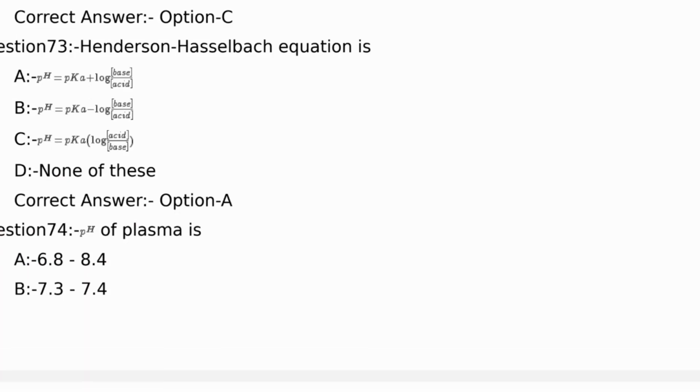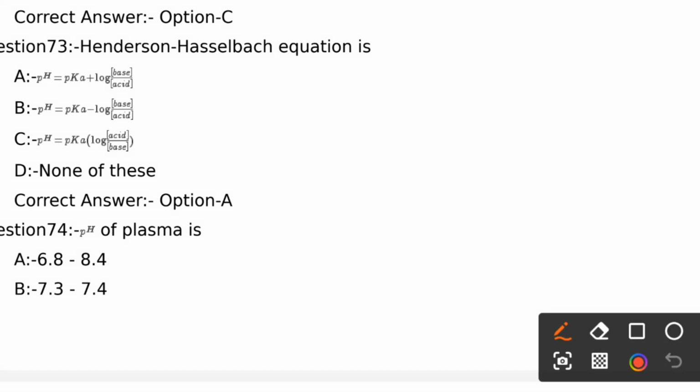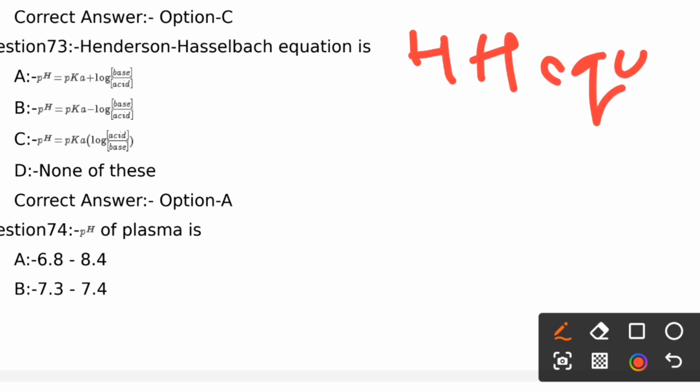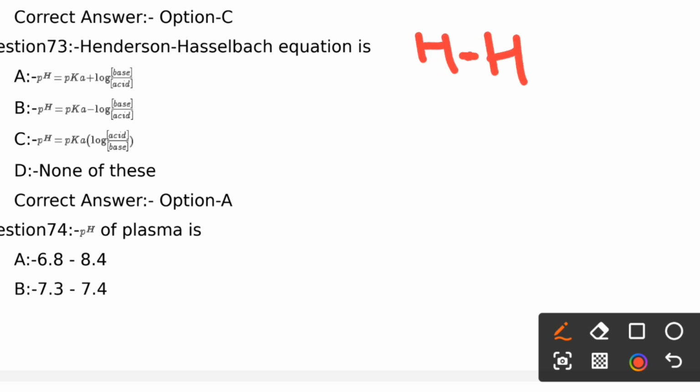Next question. Henderson-Hasselbalch equation is always known as HH equation. The options are option A, pH is equal to pKa plus log concentration of base by concentration of acid. Option B, pH is equal to pKa minus log concentration of base divided by concentration of acid.